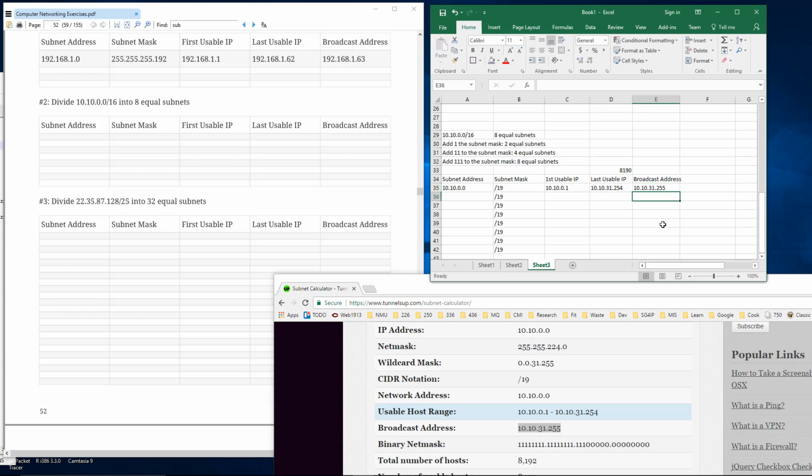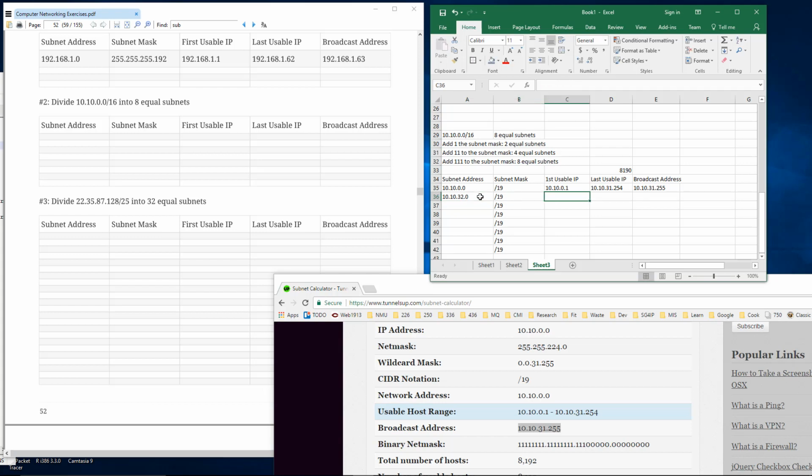So what's my next starting subnet address? How do I add one here? Because I know in these octets, the numbers only go up to 255. Well, I'm going to add one here. Makes 0, we carry the 1, so that 31 is going to become 32. 10.10.32.0 is going to be my next starting address.